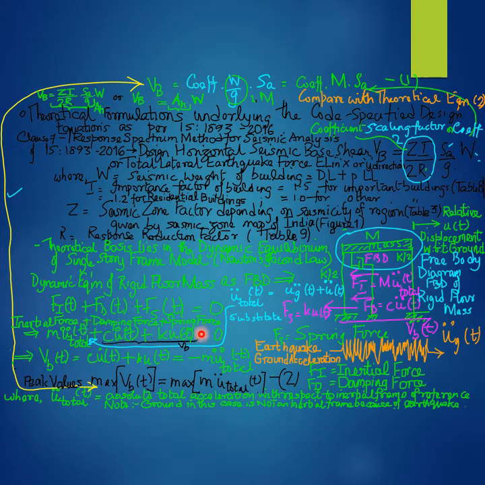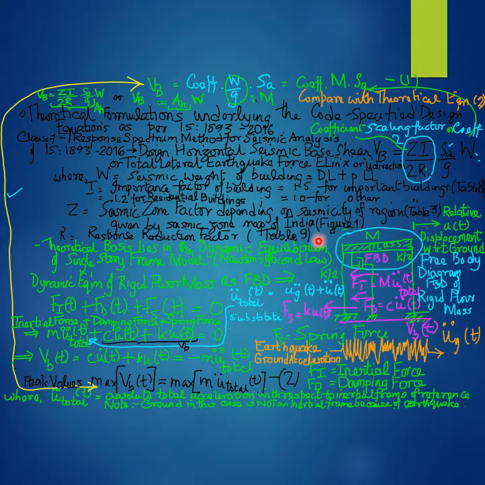Therefore, the force equilibrium equation that is written for the free body of the rigid floor mass M is a dynamic force equilibrium equation where the first term is the inertial force denoted as F subscript I, where the subscript I signifies inertia or the inertial nature of the force that is acting on the rigid floor mass M due to the inertia of the floor mass M when subjected to an earthquake ground motion, that is earthquake or seismic base excitation at the base of the single story frame model.